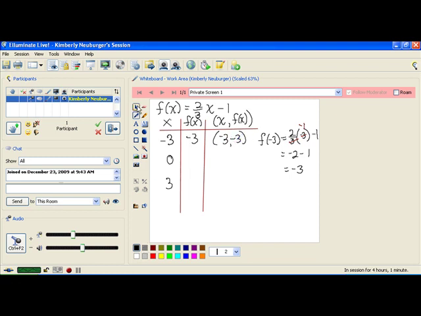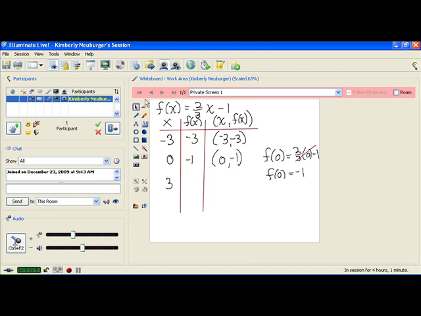Now, if I go ahead and plug in 0, I am going to get f of 0 equals 2/3 times 0 minus 1. And 2/3 times 0 just turns into 0. So that means f of 0 is negative 1. So this is negative 1, which will correspond to the point 0, negative 1.